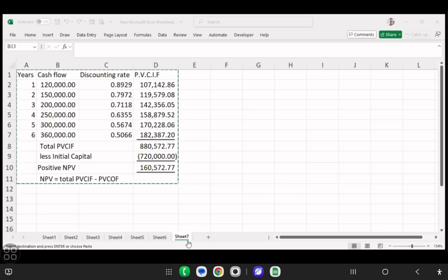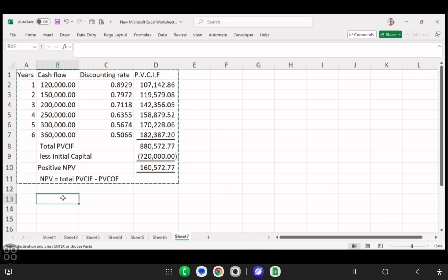Compute the profitability index and share. Someone is giving 0.233. Let's see another one. 1.223. I see 1.223 twice.